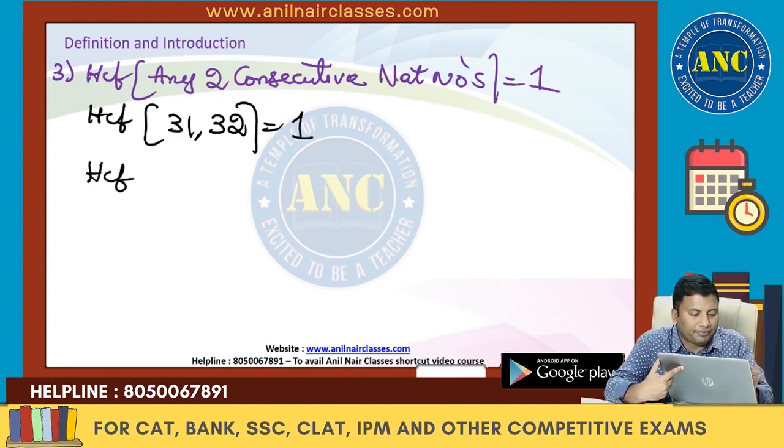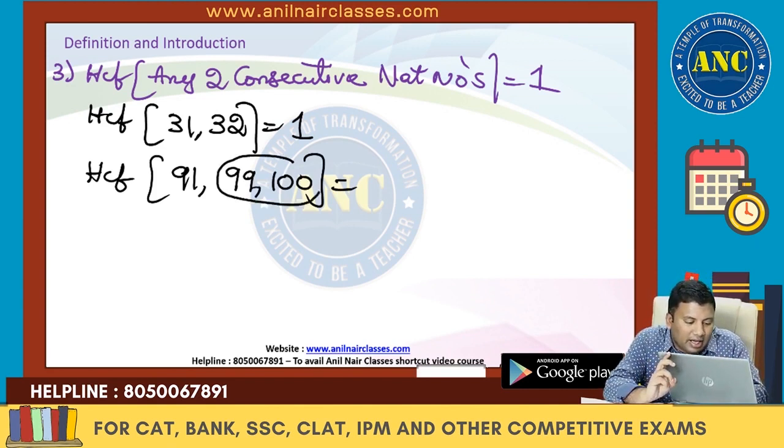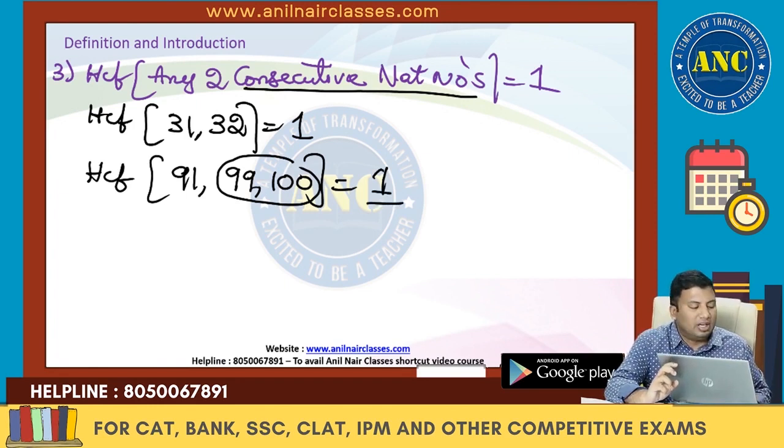HCF of 91 comma 99 comma 100. 99 and 100 are two consecutive natural numbers, so HCF is 1, since 1 with any natural number gives the answer 1. HCF of any two consecutive natural numbers is 1.